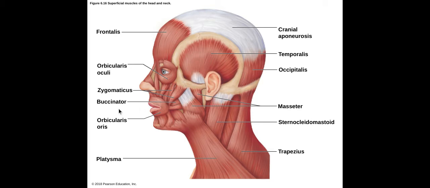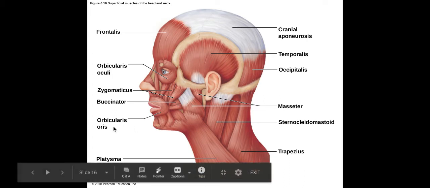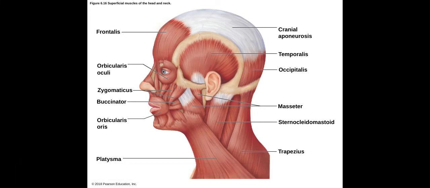The buccinator, is how you say that, would be right here. The orbicularis oris is around your mouth. Platysma is in your neck area. Trapezius is kind of in the back of your neck. The sternocleidomastoid, that's a long word.